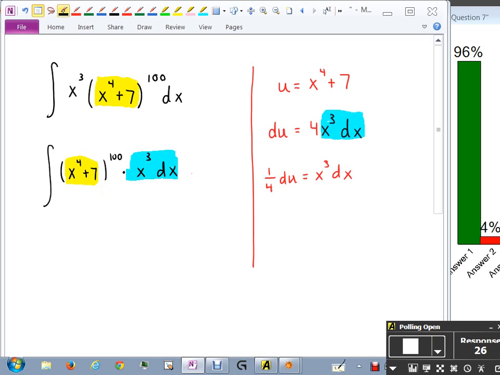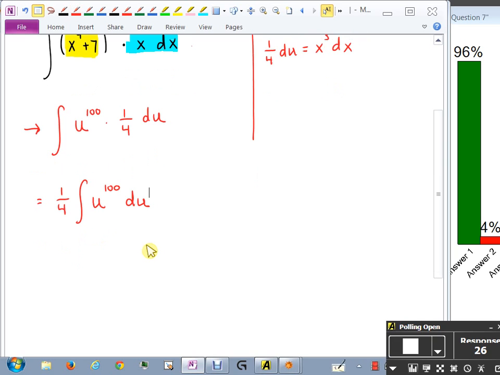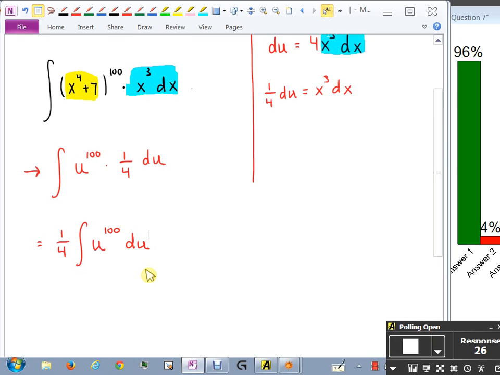So this is going to become a new integral, u to the 100th power, then our 1/4 du. The 1/4 comes out, u to the 100th power du. Power rule on this.